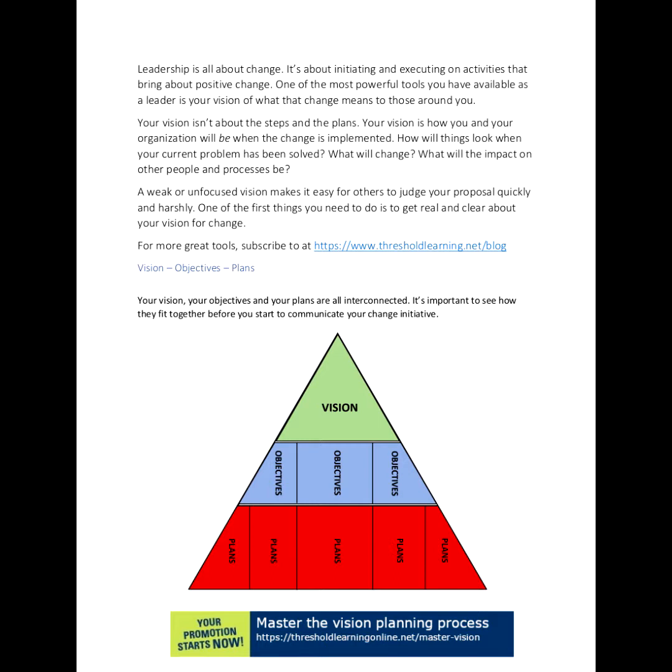We know that the vision isn't your objectives. It's not your plans. Vision is what things will look like when you've solved whatever problem you've set your sights on. But vision, objectives, and plans absolutely go together. If you look at the diagram in the middle layer, your objectives are the things that, if you achieve them, will bring you to your vision place.